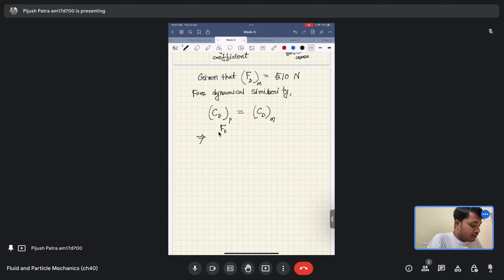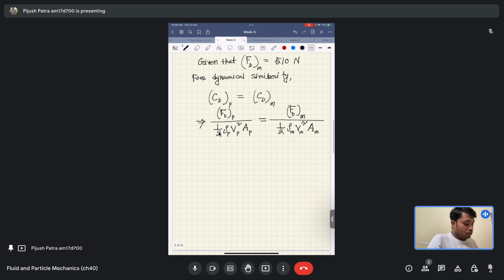This is FD, drag force of the prototype, divided by half rho, the density of the fluid in the prototype problem, into Vp square, into the projected area in case of the prototype, should be equal to the FD in case of model, divided by half rho m Vm square into Am. Am I right?